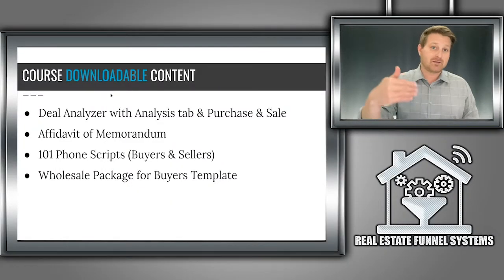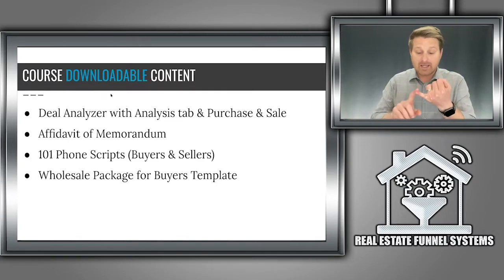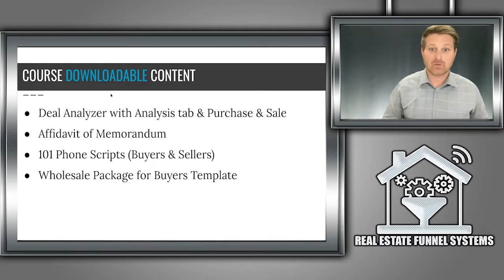So this is the downloadable content that we're going to be covering. The deal analyzer. The deal analyzer that I use out in the field, I'm going to share that with you, and the purchase and sale agreement. I have a couple different deal analyzers that you're going to hear about, but the one that's included in this course is simply the calculator that I use that tells the net profit, and it really helps me analyze what is the appropriate offer.